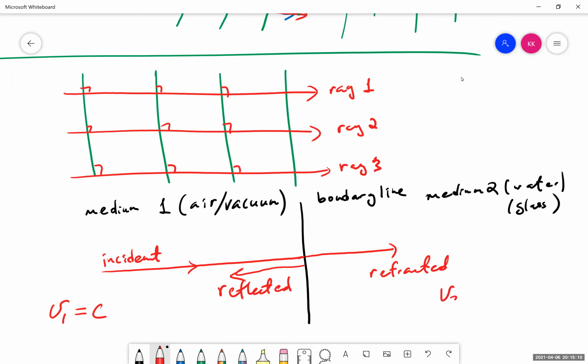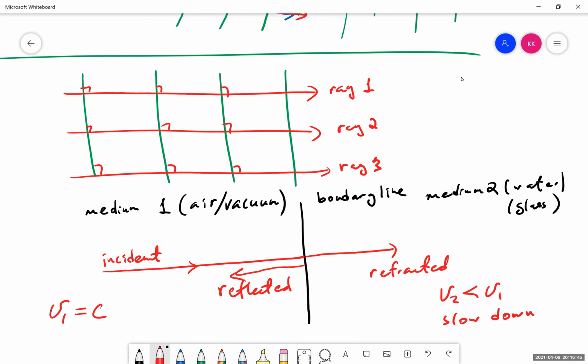Now for velocity 2, in medium 2, which is more dense, the light has to interact with more particles, which means the light will slow down. So when light goes from a less dense medium to a more dense medium, it will always slow down. That means V2 will be less than V1, because it's a more dense material, so the light slows down.